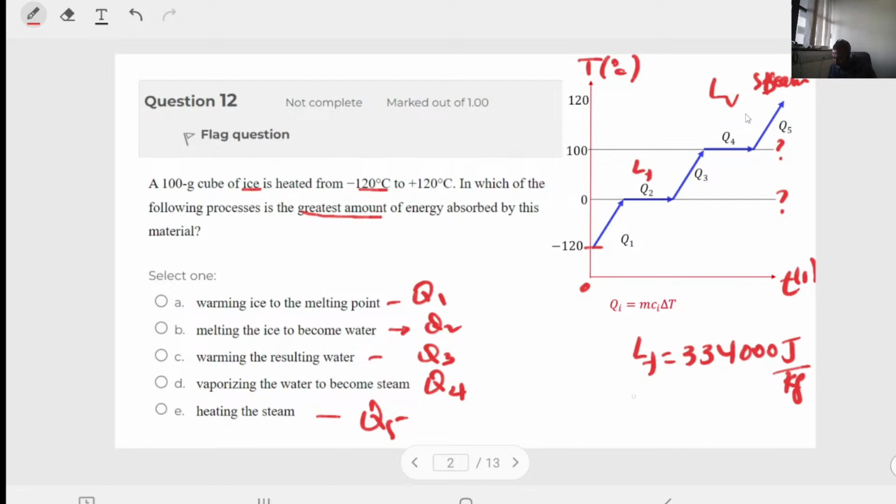And then latent heat of vaporization is 2,260,000 joule per kilogram. The latent heat of vaporization of water is so strong. In other words, steam burns you more. Without calculation, if you know that steam involves a lot of heat, your answer would be Q4.